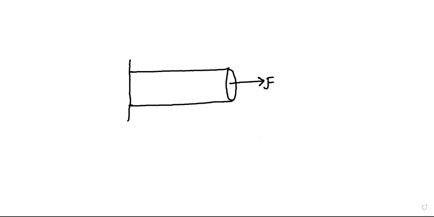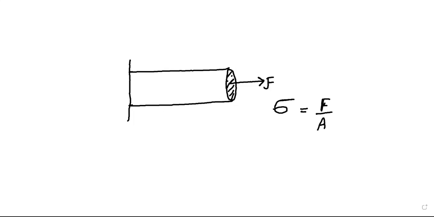Initially, in the previous case, we calculated stress on this face, which we call normal stress, which is represented by the term sigma. Sigma represents normal stress, which is given by F by A.